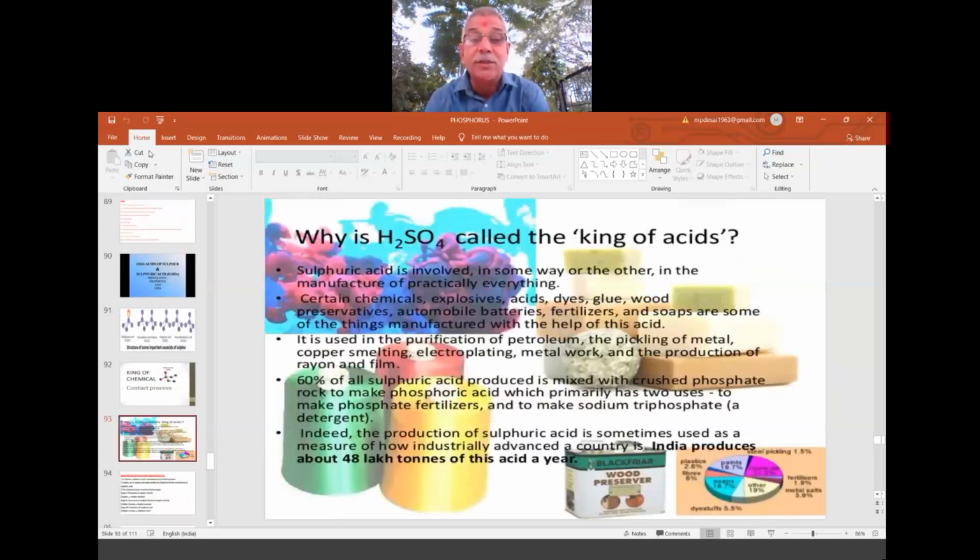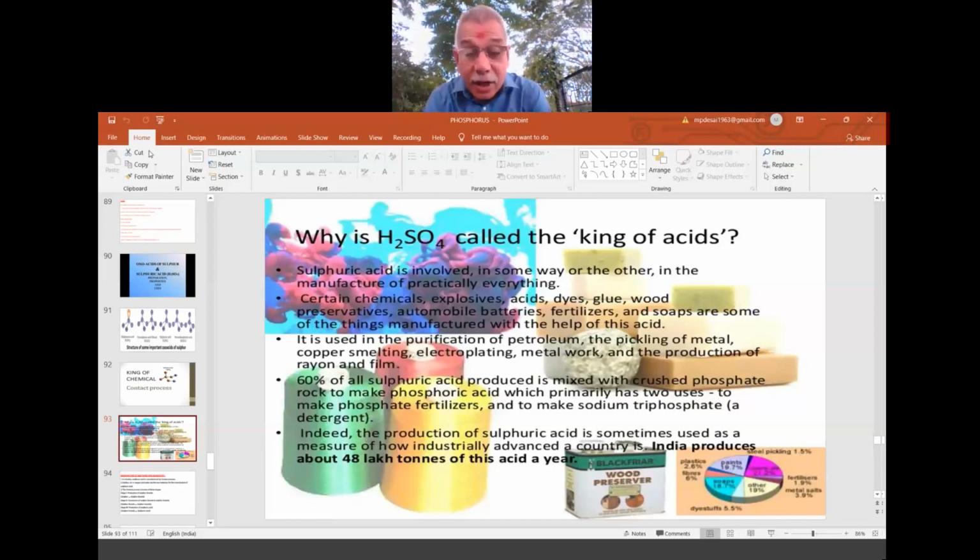But why is it called the king of chemicals? Due to its use. Please go through this slide where I have written many uses. Because of its multiple applications. But one important point I made in bold: India produces about 48 lakh tons of this acid per year.